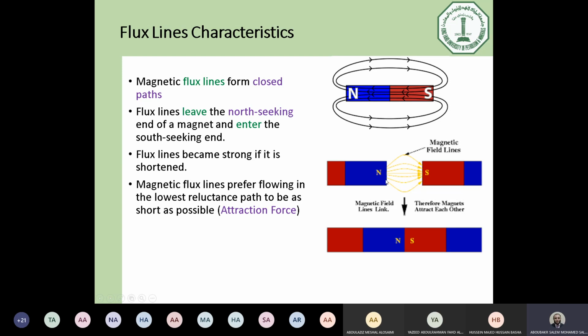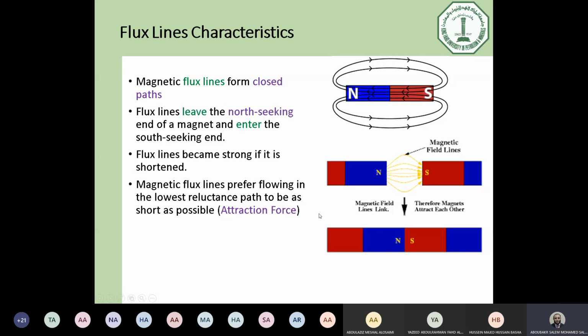Only the lines at the ends or edges can have some curves or a different angle of motion because of something called fringing. Okay, this is normal. However, the majority will move in straight lines between N and S. So these are the characteristics of the flux line itself.